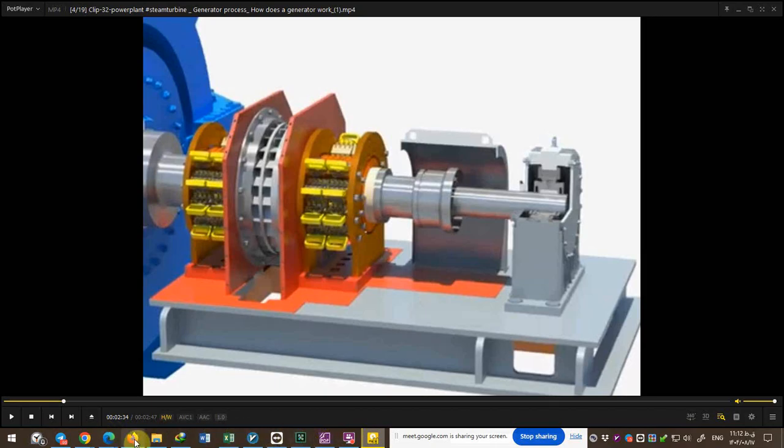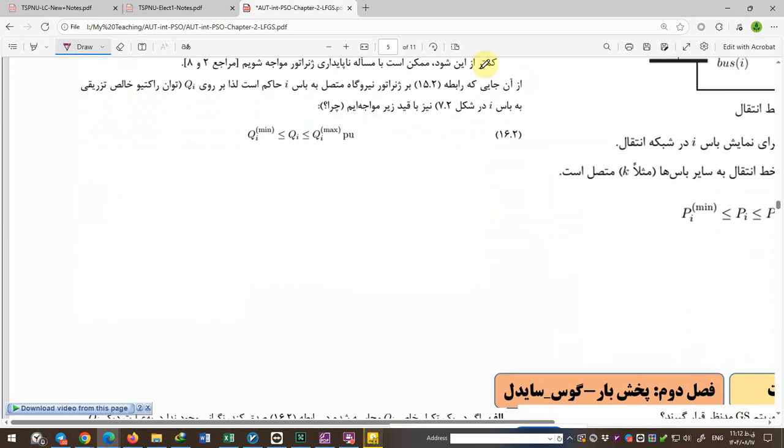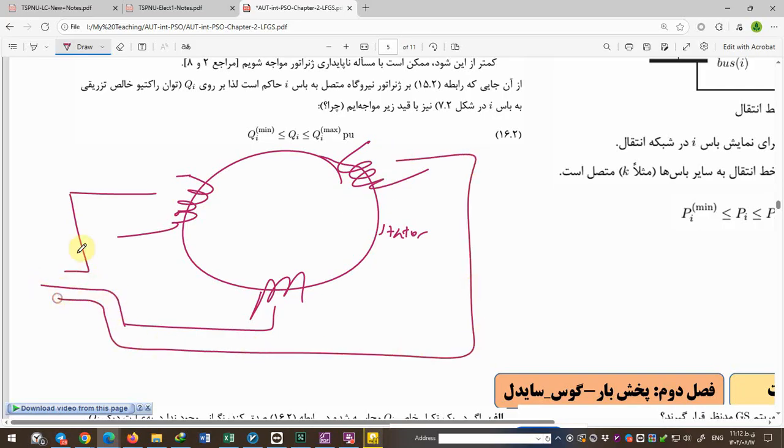In a synchronous generator, the fixed part is a stator, and there are some windings here to make three phases: phase A, B, and C. And this is called the terminal.